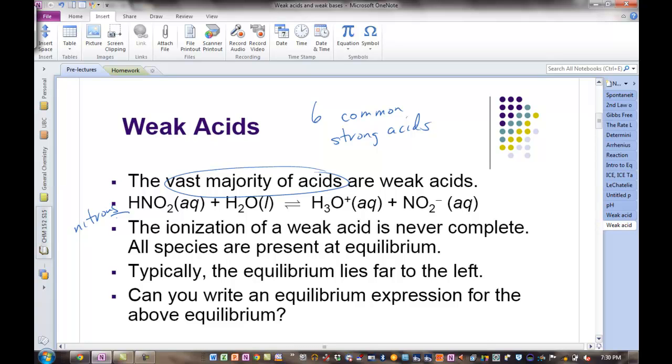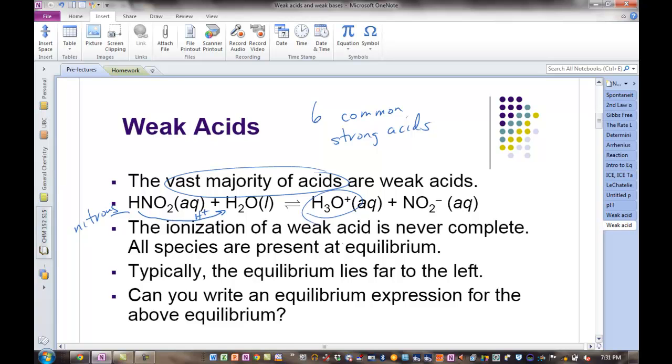Using the definition as it's shown in the book, the Bronsted definition, an acid is a hydrogen ion donor. Another definition of an acid is that acids produce hydronium, H3O+. So you do have to learn how to write out these equations. It's hard to solve a problem correctly with an ice table and solve for pH if you don't have the equation right.